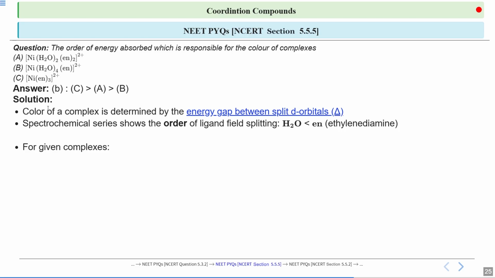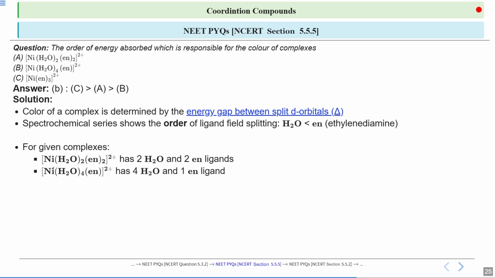Now for the given complexes, [Ni(H2O)2(en)2]²⁺ has 2 water molecules as ligands and 2 en molecules as ligands, right? The second complex, [Ni(H2O)4(en)]²⁺, has 4 water molecules as ligands and 1 en molecule as ligand. And lastly, en is higher in the spectrochemical series than water, as we just have seen, right?